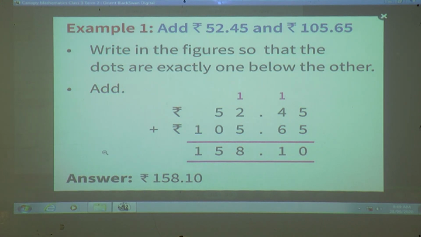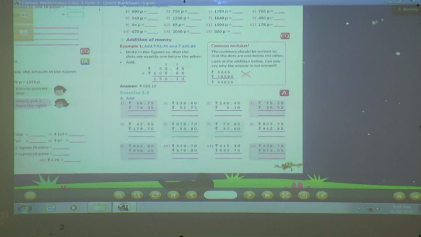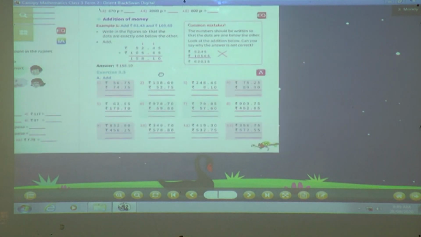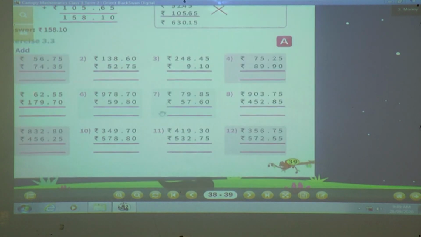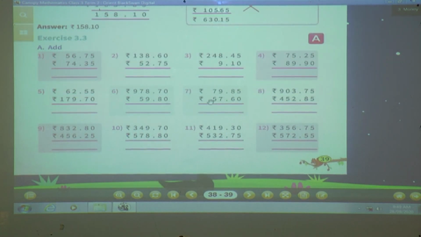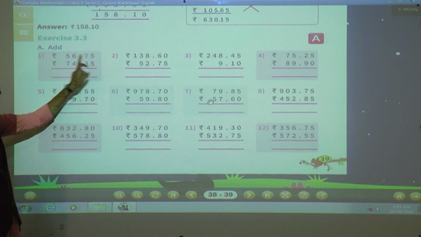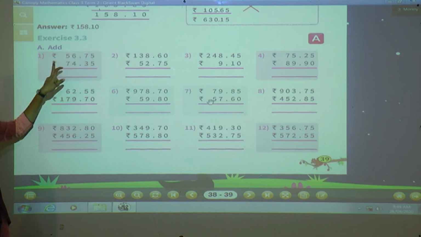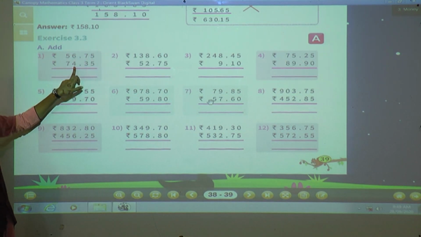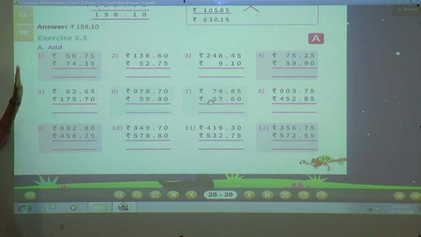Okay. Now we'll move to the next exercise, that is exercise 3.3. So look at the board here. The first example: rupees 56.75 and rupees 74.35, and the question is to add.